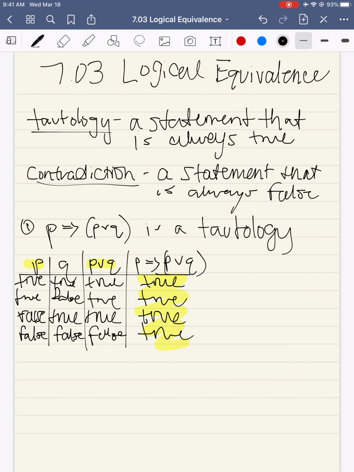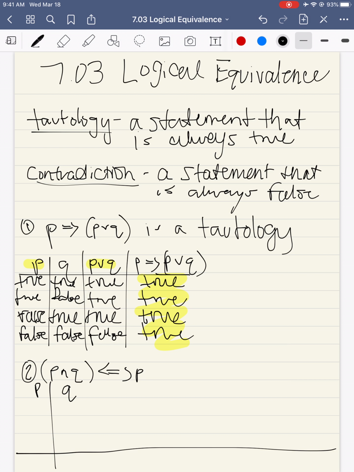Then let's take a look at another example here. So our second example, we can have the statements P and Q if and only if P. So again, we can start with our statements for P and Q. Let me divide this bottom one. So P, Q, and again, whatever's in parentheses, so P and Q, and then our final statement.